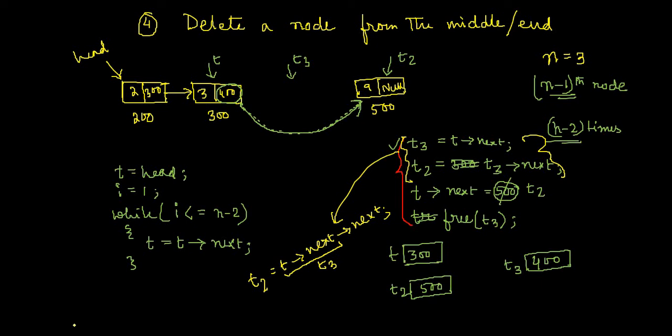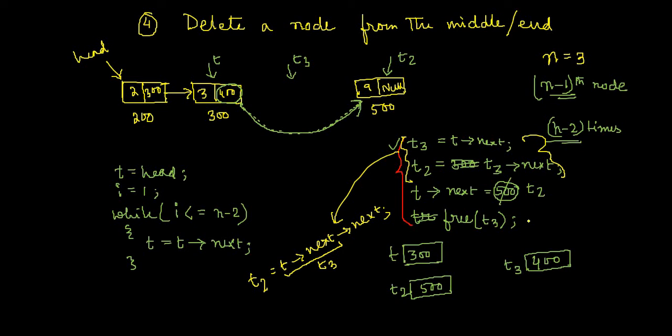So as a whole, in a single way, you can write T2 equal to T next next. Because previously I had a pointer over here, right? So according to that, you can write T2 equal to T next next. So as soon as you have this one, that means these two lines can be written in a single line. And then you can apply this logic and then free. So it's done.